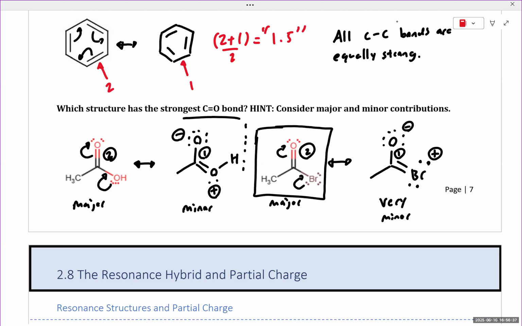So, this is why the rules for determining major and minor contributors are so important, as it can help us tease out minor differences in terms of bond length and strength. And we can observe these differences using techniques such as IR spectroscopy, and you'll see this idea again in future chapters.